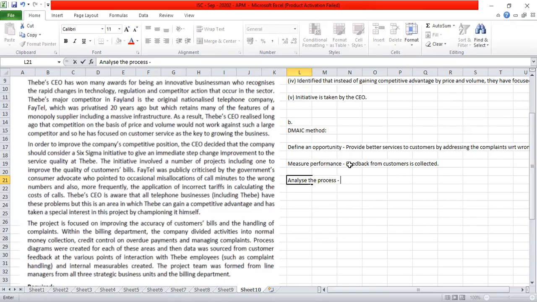They did analyze that situation because they prepared process diagrams for each of these areas to understand them, and then data was sourced. So they did analyze the process. The work was divided into three major areas. Activities were divided.